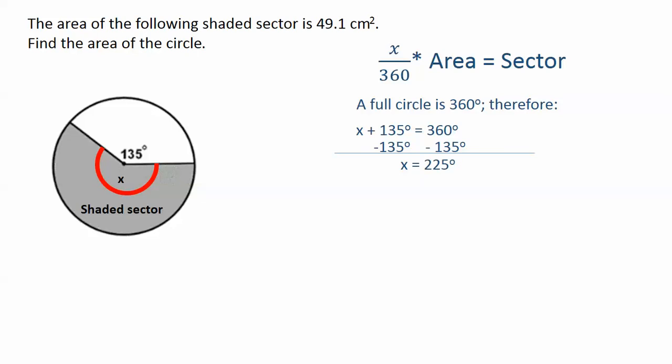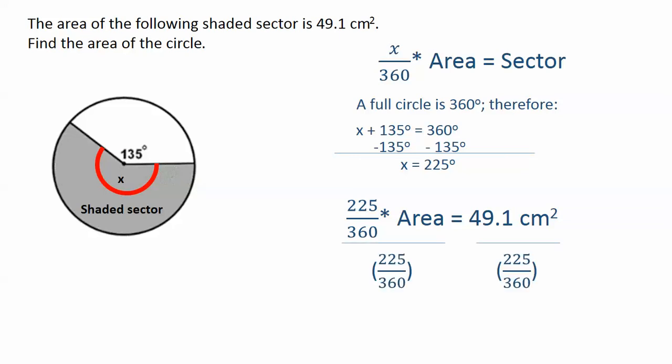Now taking my area and sector formula, I know that 225 degrees out of 360 times my area will have to be 49.1 centimeters squared. Solving for area, I'll divide both sides by my fraction, 225 divided by 360.